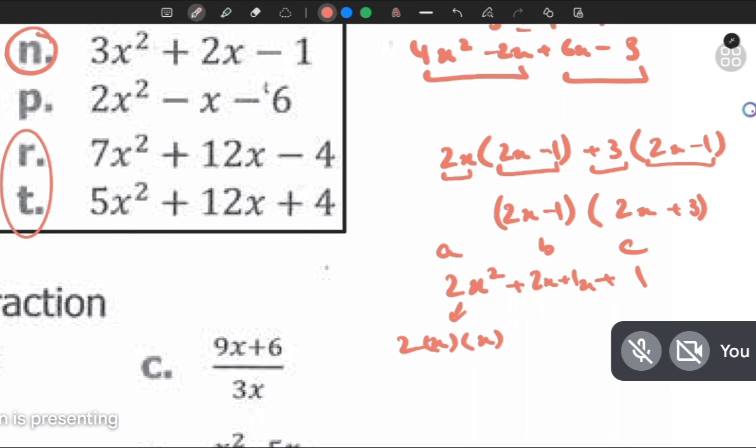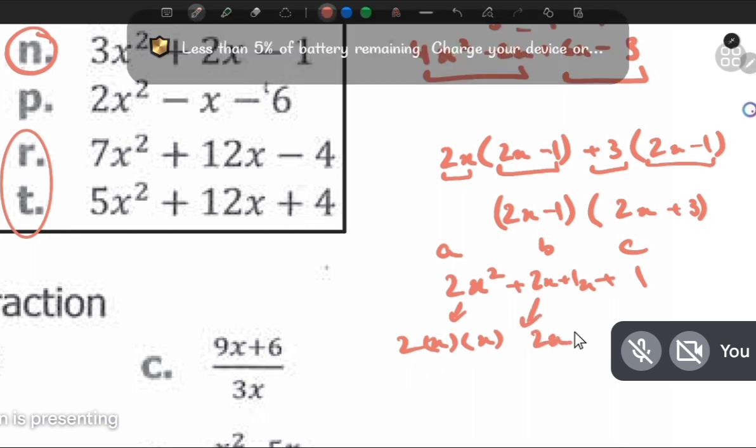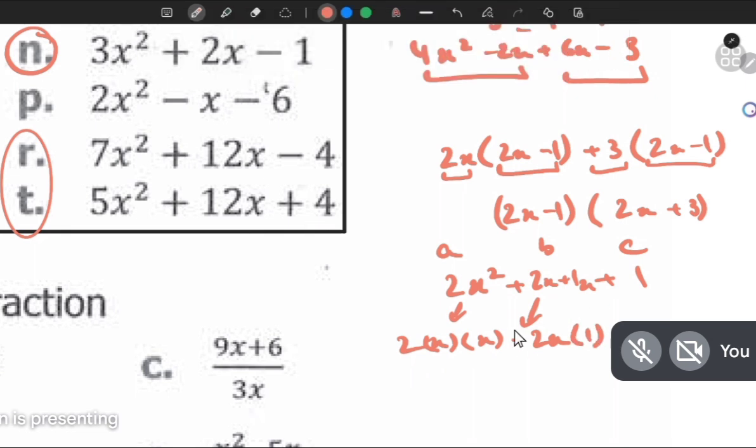Does that make sense, Rani? Yes, sir. Okay. And then we make this as 2x multiplied by 1 and we add them. Can we take 2x common?